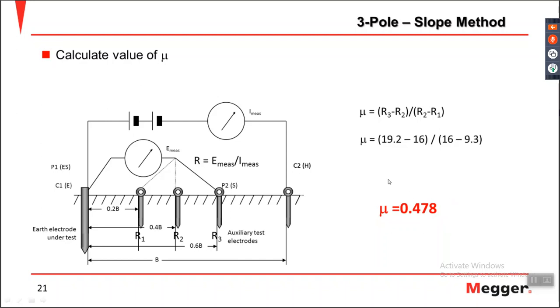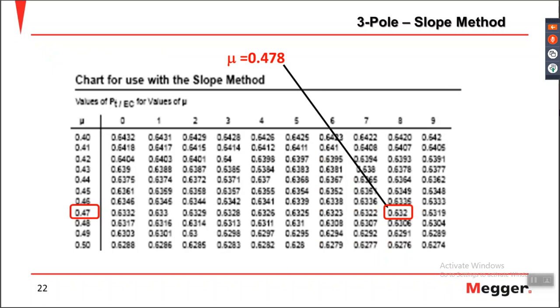You can find the table in the instruction manual from the instrument tester. Usually they will give you this table. An example like this: from 0.478, it means 0.47 from the coefficient, and the third decimal to define this value.